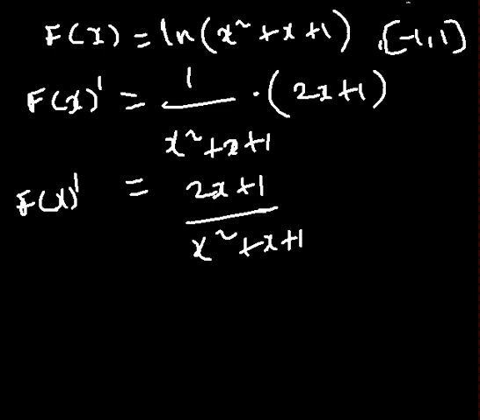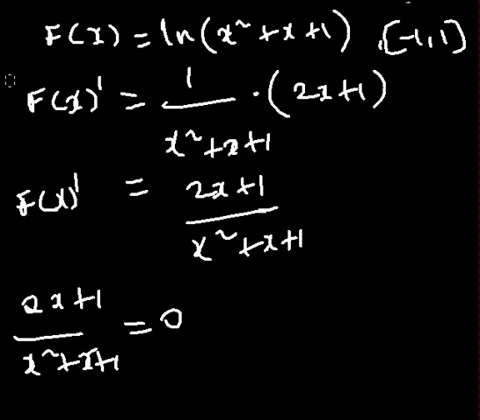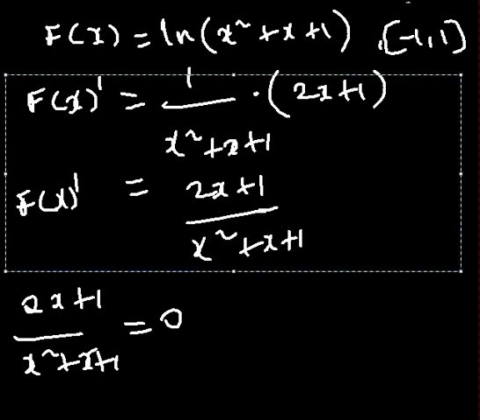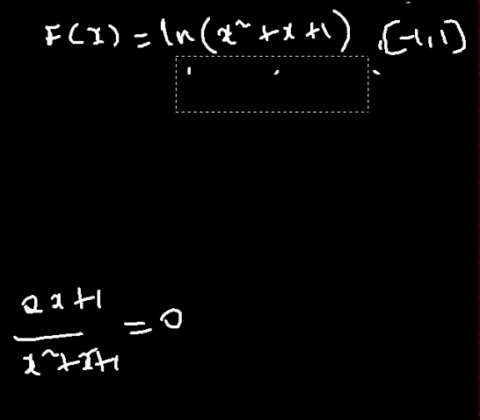And now from there, we have to equate that to zero. What it tells is that we have 2x plus 1 divided by x squared plus x plus 1 is equal to 0. And we should solve for this separately and have the critical values.